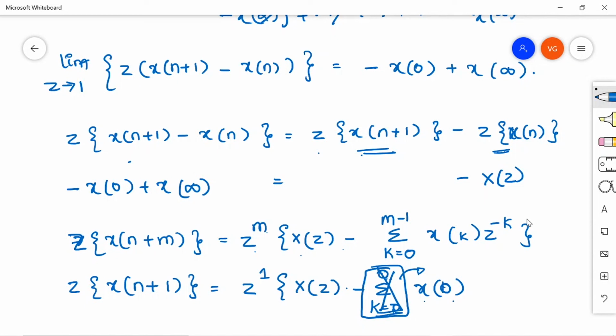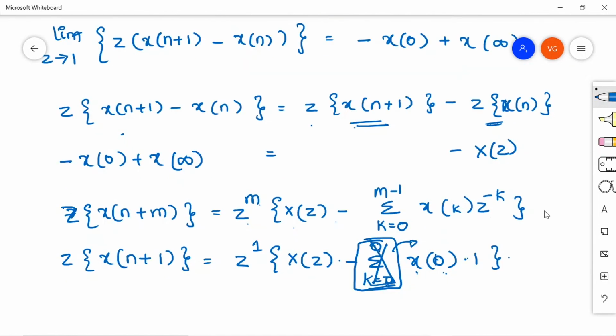So k is equal to 0, I am writing x of 0, z to the power 0 is 1 here. So Z transform of x of n plus 1 is defined as z multiplied by X of z minus x of 0. Now you write this down here, I am just replacing; this is nothing but z into X of z minus x of 0.